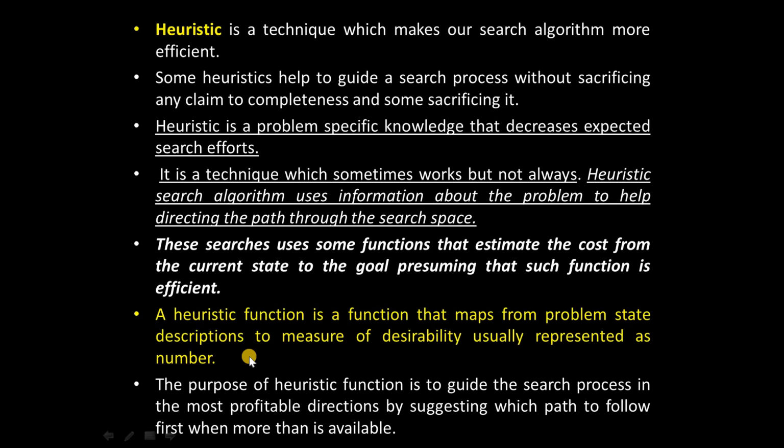So heuristic is problem specific knowledge that decreases the expected search effort, and it does not always work accurately. That means we cannot guarantee that this concept will always give the correct result, but in most cases it does. It works by using some functions that estimate the cost from the current state to the goal state.